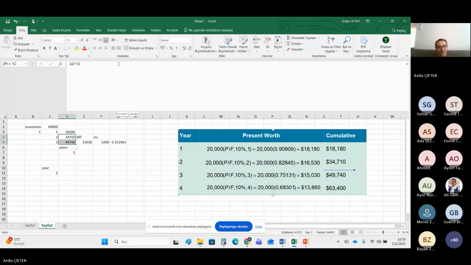From the second to third year, you have a 15,000 difference. The investment to cover from 34,000 to 40,000 is 5,000. So normally in 1 year the change is $15,000, but your investment up to $40,000 needs only 5,290.